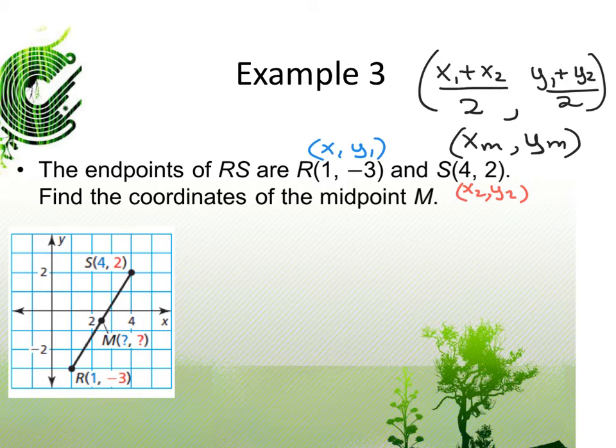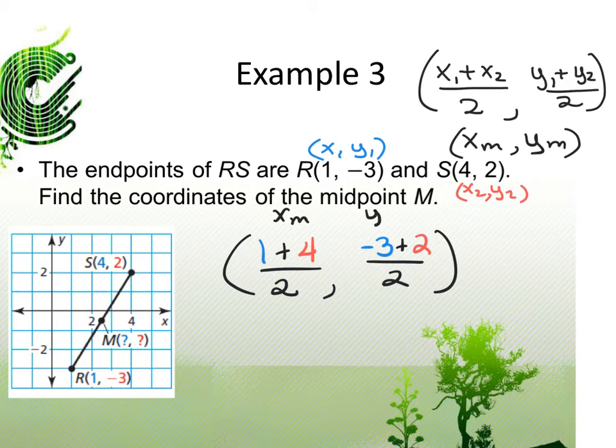I'm going to get my x's. I'm doing 1 plus 4 divided by 2. This is going to give me the x of the midpoint. I'm going to do the same thing for the y's: y1 plus y2 divided by 2.